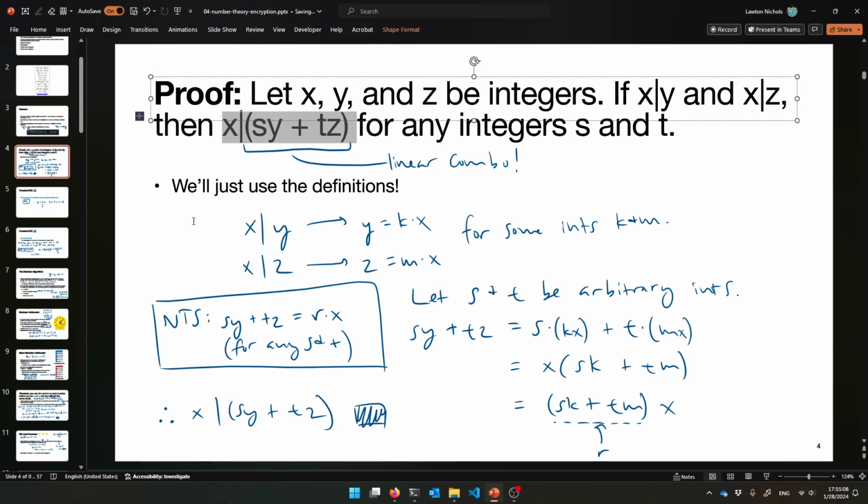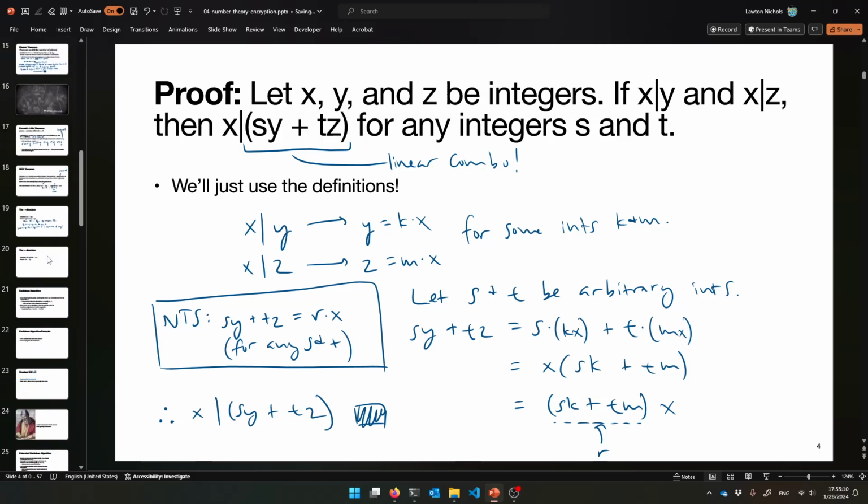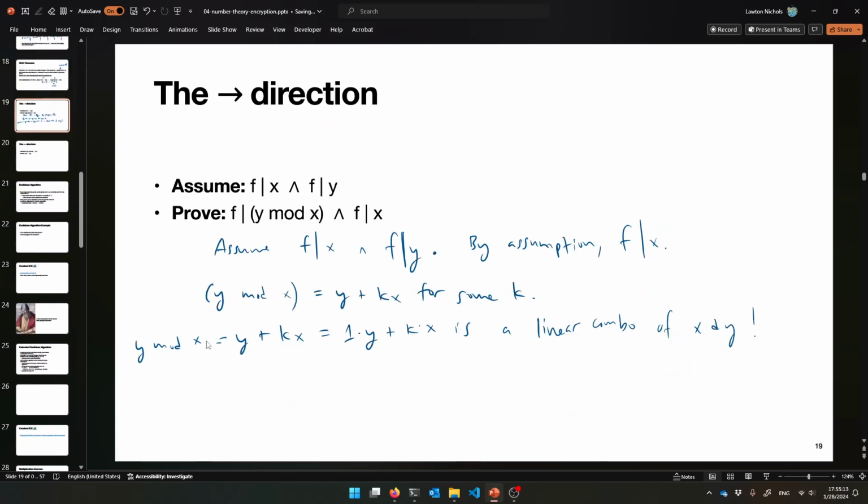So just applying this idea, because we know that now y mod x is a linear combination of x and y, and I know that f divides both of those, f will divide this linear combination, which is y mod x. You see that? So by that second theorem to the rescue, f must divide y mod x. Isn't that lovely? That's pretty cool. So that's the first step. That's the left to right direction.